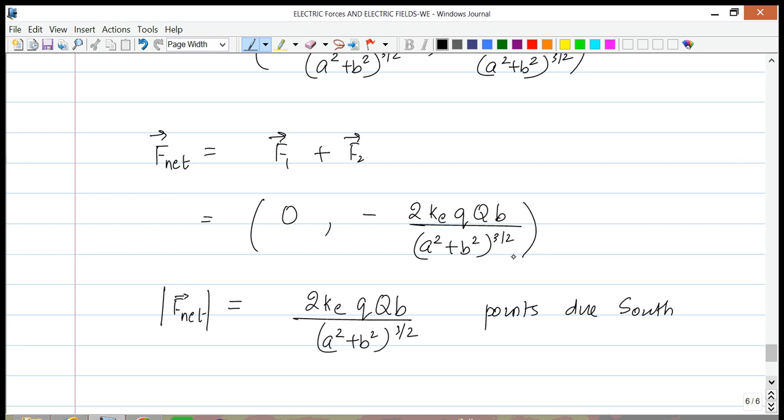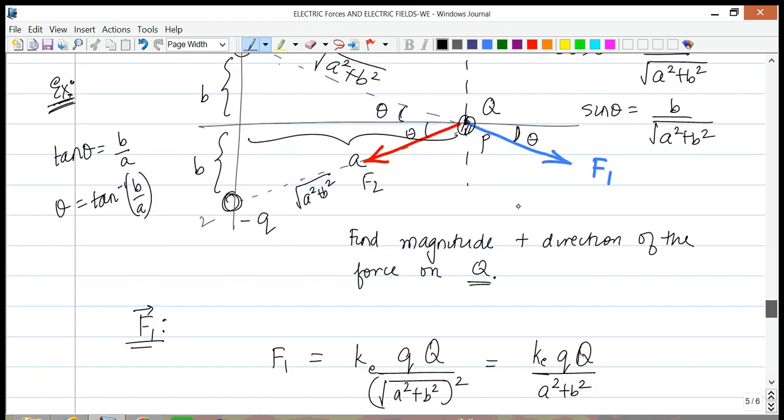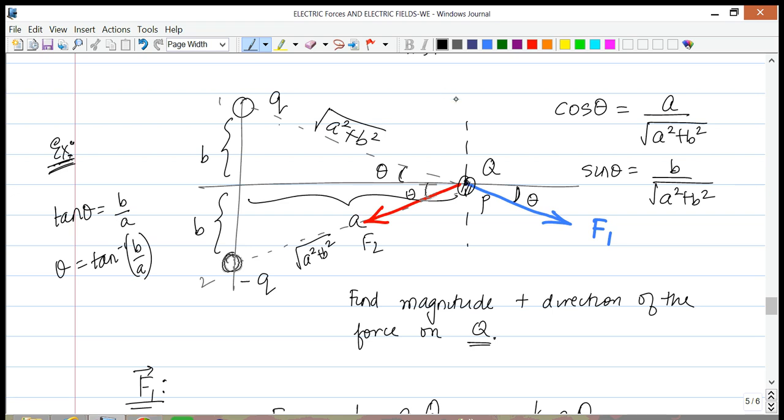So the problem involved a lot of stuff. The first thing, before you start the problem, is always to make sure that you get your angles in terms of the things that are given. Do not do this part here.